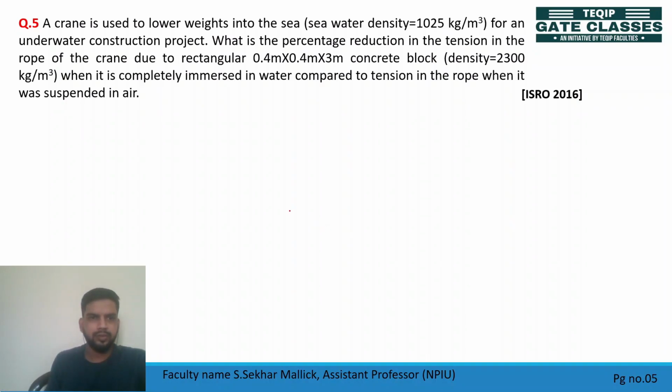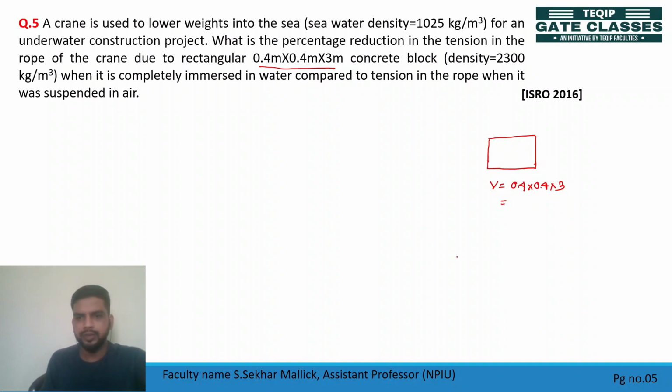Okay, so there is a crane. The crane is used to lower weights into the sea. So the weight is a rectangular concrete block. This dimension is given, so you can find volume. Volume is how much then? Volume is 0.4 into 0.4 into 3.